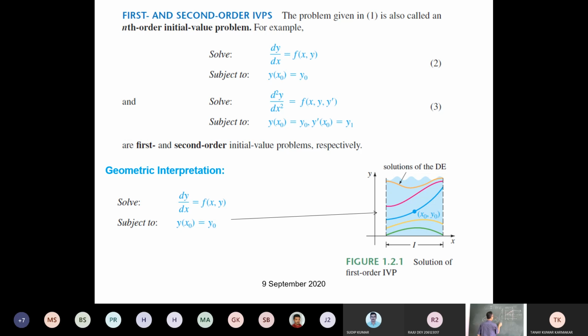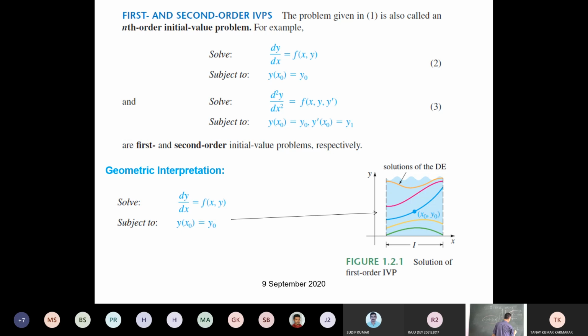So this is about that rectangle R. This is pretty straightforward for the first order initial value problem. But in the case of a second order initial value problem, like d2y/dx2 equal to f(x, y, y prime), of course it would come with two initial conditions.